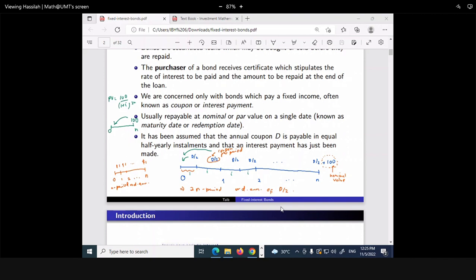Okay, kita akan dapat balik kita punya par value at maturity date. Okay, certain amount of par value or nominal value at maturity date yang ditetapkan dalam kontrak. Lepas tu in between tu kita dapat kupon, iaitu faedah untuk kita.